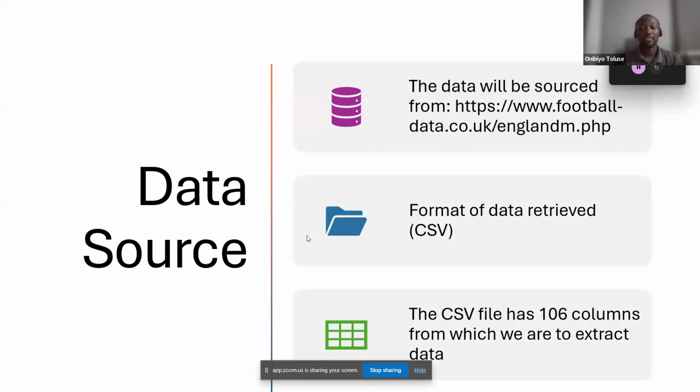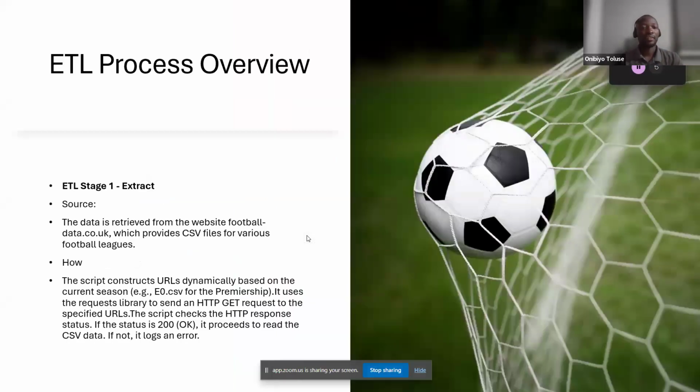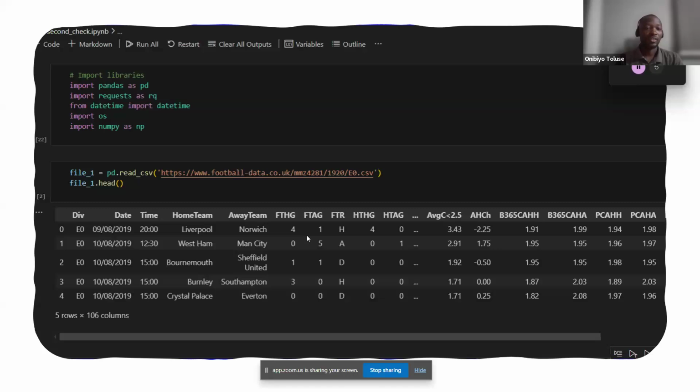Then the data source, like I showed before, is the website. That is where the data is. So as a data engineer, you need to know where you want to pull your data from. So for the data source, it is a website. Okay, so this is the extract process. This is just showing how I'm connecting to the website. To connect to the website, I'm using Pandas, which is a module in Python.